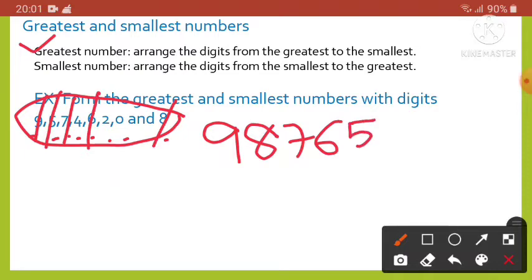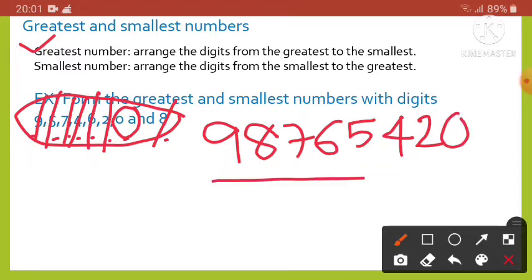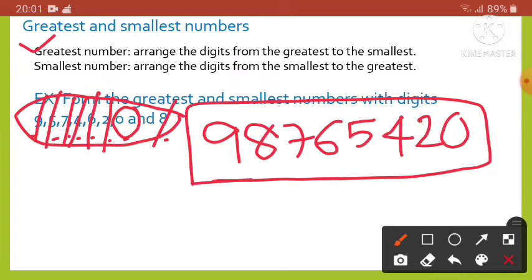Next number is 4, so we are writing 4. Then the next greatest number is 2, so write 2. And then the rest number is 0, so we have to write 0. So the greatest number is 98765420. Here we are arranging the digits from the greatest to the smallest.